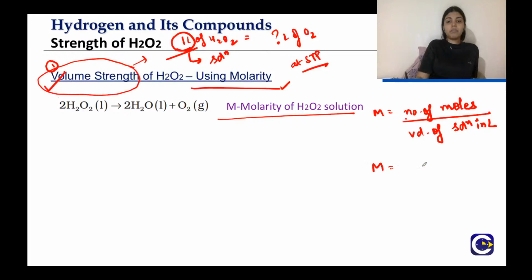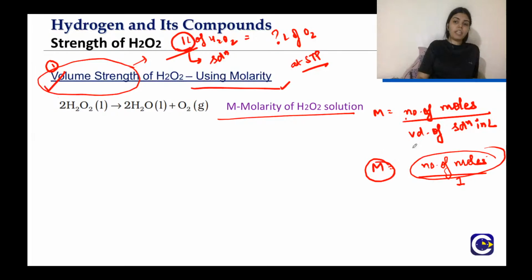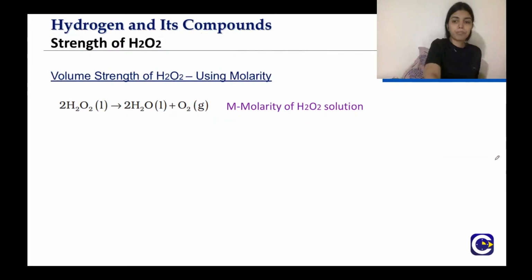So molarity will be number of moles divided by 1. Right? That means number of moles will be equal to the molarity when the volume of solution is 1 liter. Because we have to find out the volume strength, and the volume strength is what? That 1 liter of H2O2 is giving how much oxygen. Right. So here the volume of solution is 1 liter. So molarity will be equal to what? Number of moles. This much you need to understand.